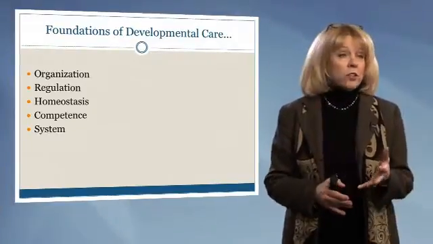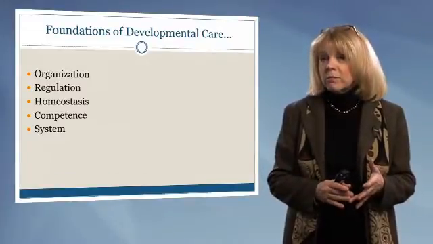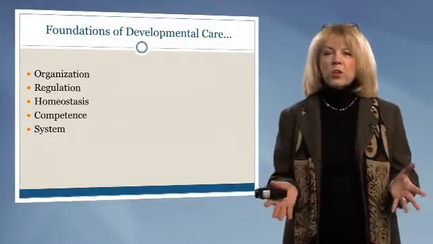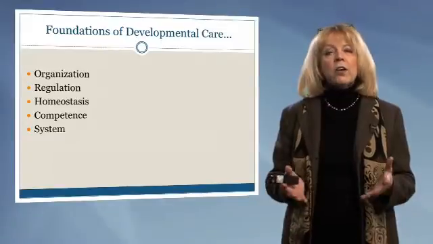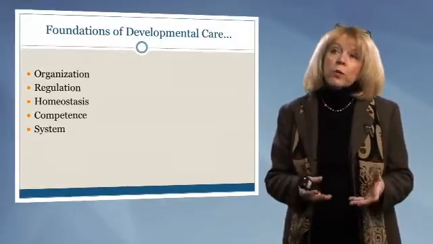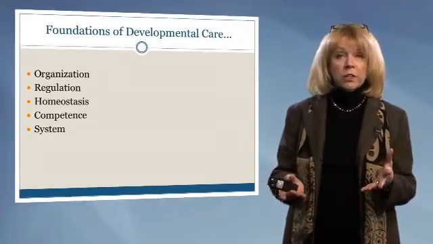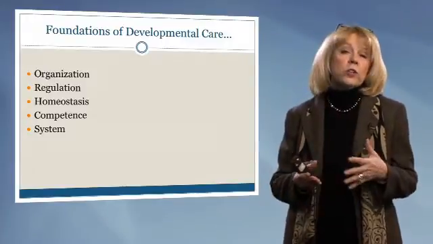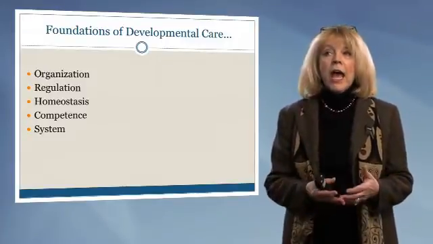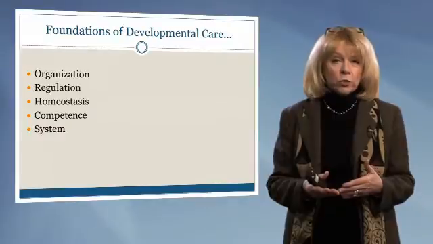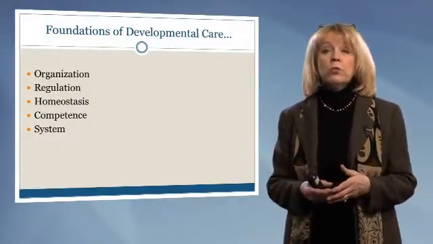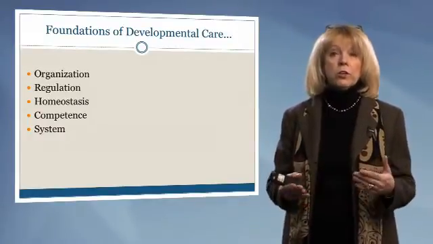We've done organization, we've done regulation, we've done homeostasis. So let's talk about competence now. Our infants were competent in utero. They were completely in charge of their environment, so to speak, or they worked very integrally with the environment. So we need to do whatever we can to allow our infants to be competent when they're here.